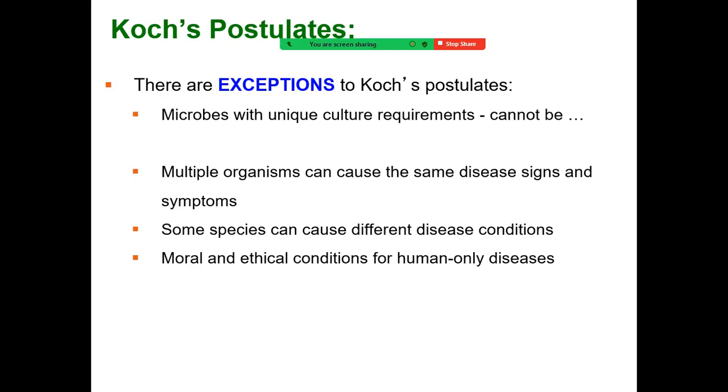And then what do you do if some species cause different disease conditions? Let me see if I can remember this. Salmonella, I think it's typhi, but it could be one of the other salmonellas, causes salmonellosis, but it also causes, I'm drawing a blank now. Is it typhoid fever?